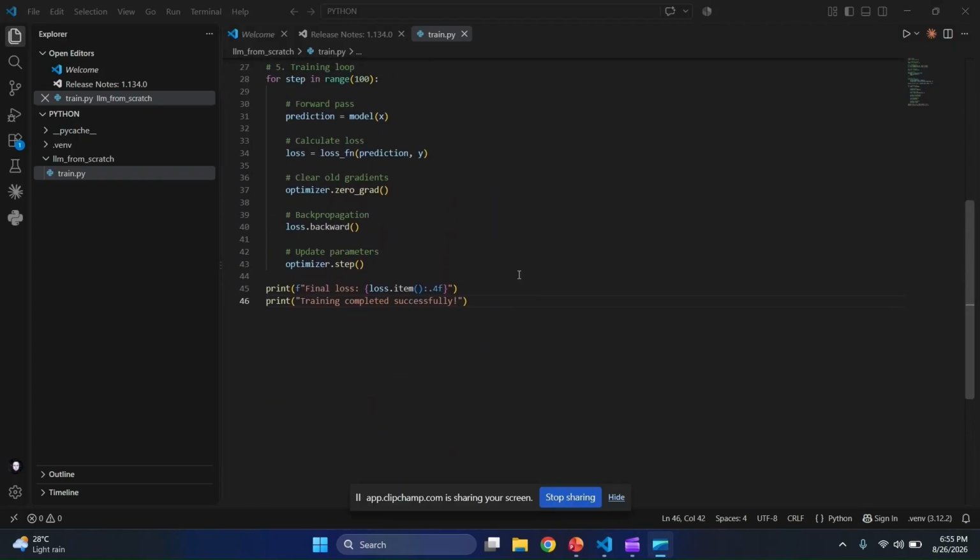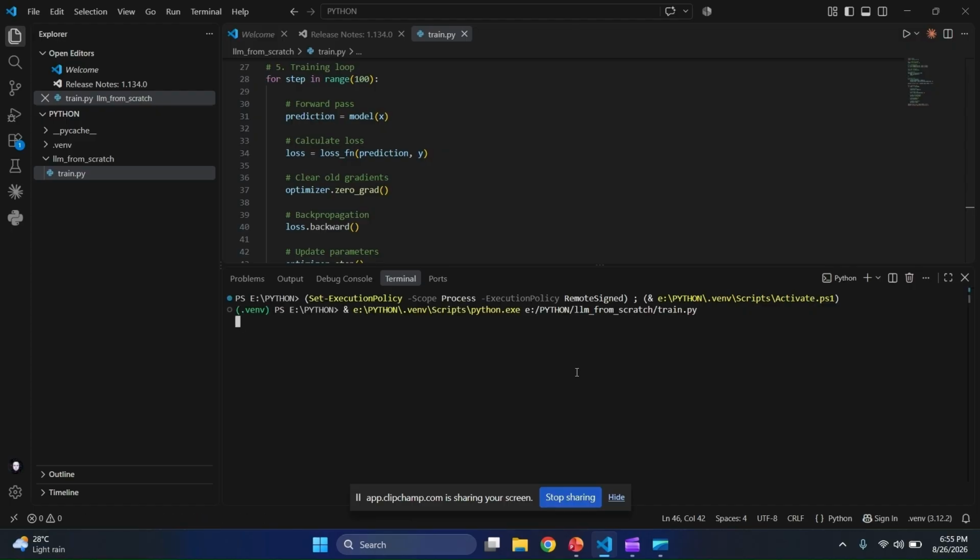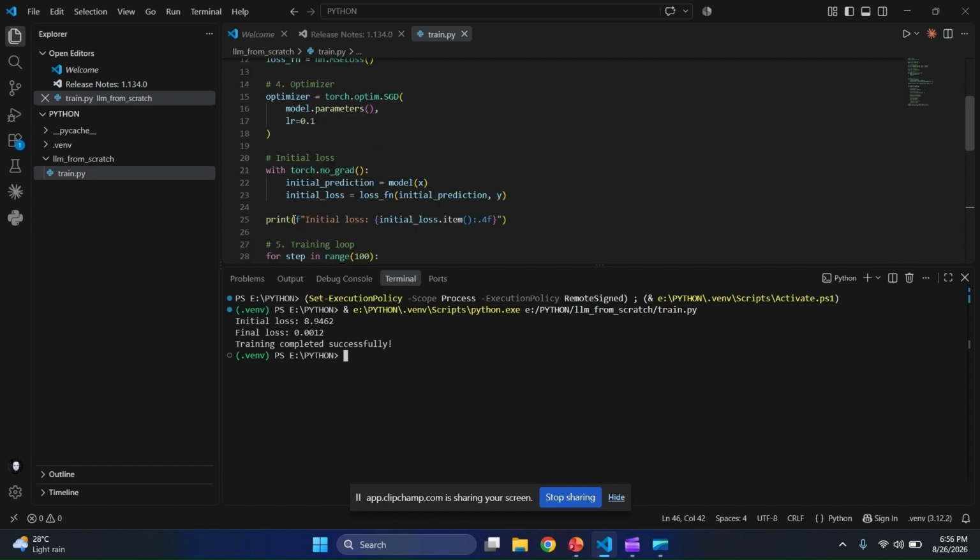Let me run this training loop just by clicking here. It's running. Yeah, we got it. And we can actually see the results.